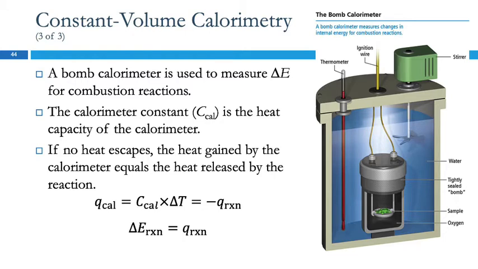And so this is often used for measuring heats of reaction for combustible things. Like you can put a peanut in there and burn it and find out how much energy the peanut gives off. And that could be measured in calories, which would be nutritional calories, right? And you can find out how many calories are in foods.